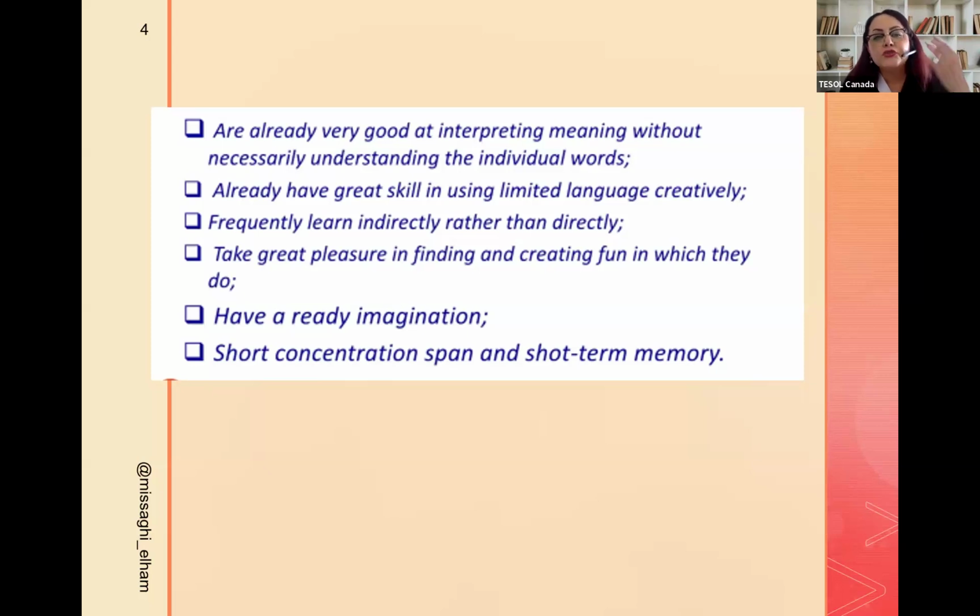So through being in the context and through listening on and on, they absorb it like a sponge in the water. They absorb the new information. So that's why we say they learn indirectly rather than directly. But for adults, you start to explain the rule.